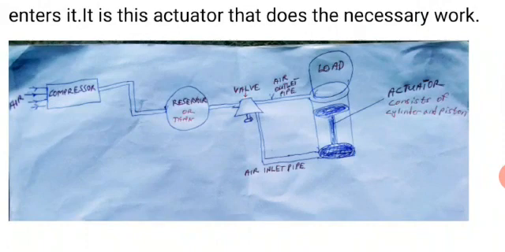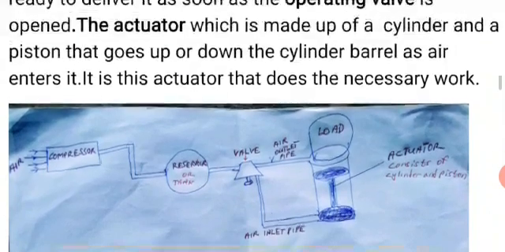When the air goes into the actuator, it uses that compressed air to lift up the load or whatever work it wants to do. That is how a simple pneumatic system works.